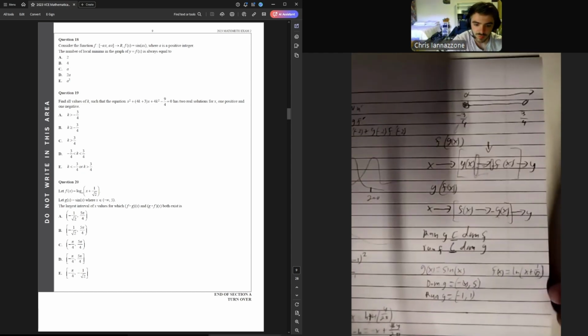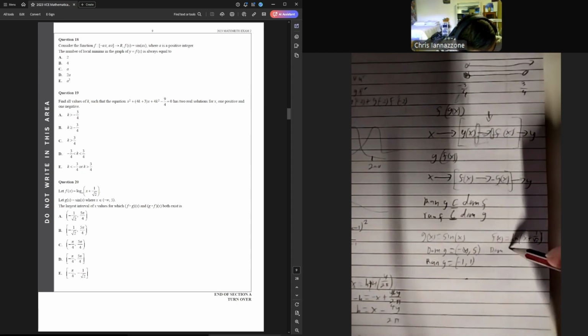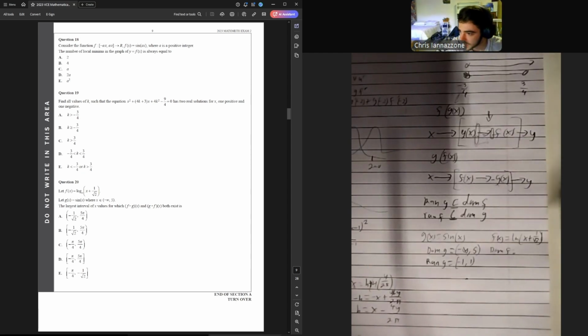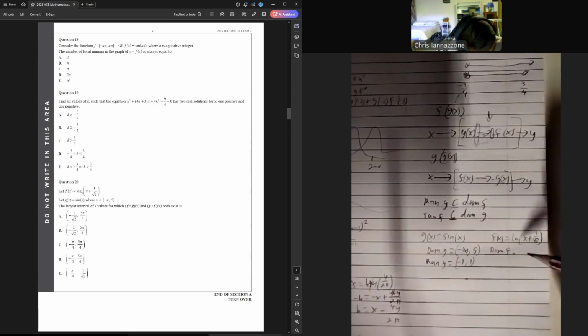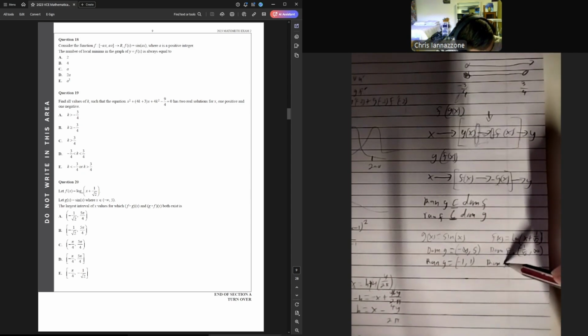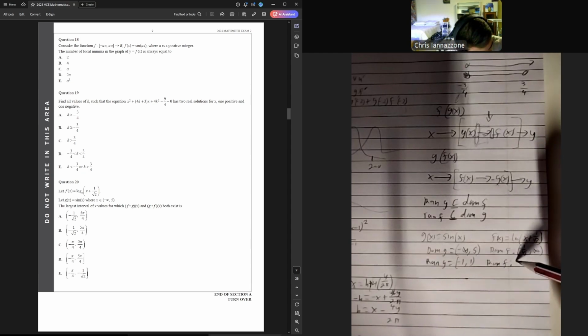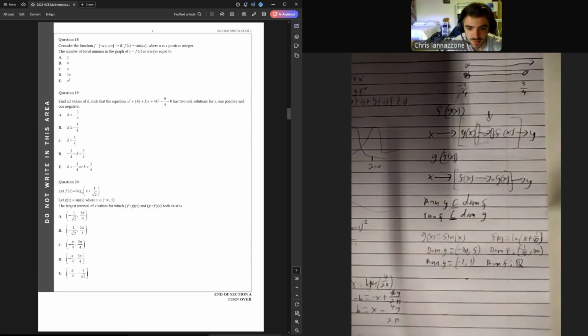For the domain and range of that, since it's been shifted left by 1 on root 2, the domain of f is negative 1 on root 2 all the way to infinity. And the range of f is just all real numbers. There's no cap on that. It shoots all the way down and all the way up. And you can sketch these if you like.